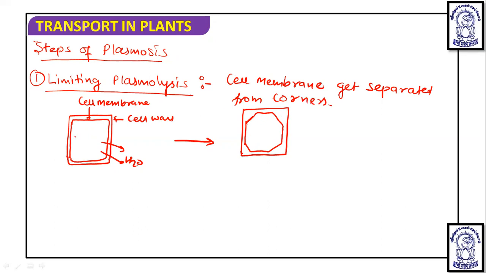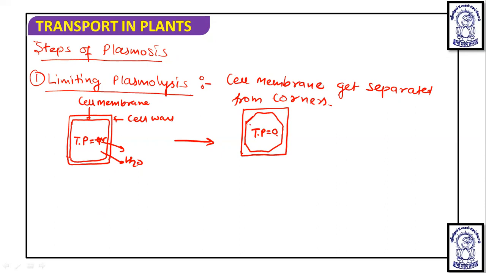Suppose this is a flaccid cell, which has a turgor pressure of 0. Here it is a turgid cell and the water loss will take place. So here it has a positive turgor pressure, then in limiting plasmolysis, the turgor pressure becomes 0 in the cell.